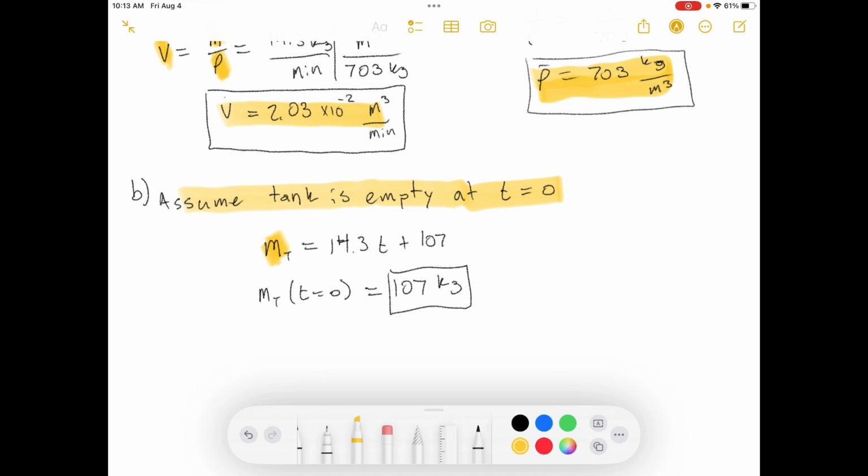So if the tank is empty at time equals 0, then we just say t equals 0, so that term goes to 0, and we're just left with 107. So 107 kilograms is the mass of the tank. That is it for problem number 5.1.